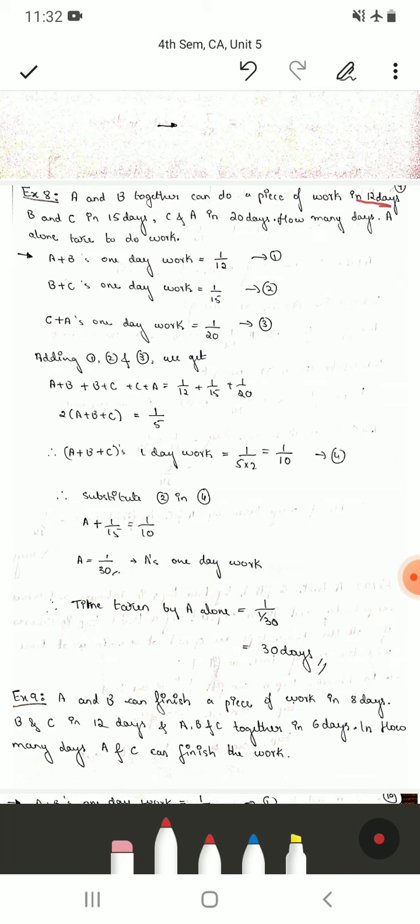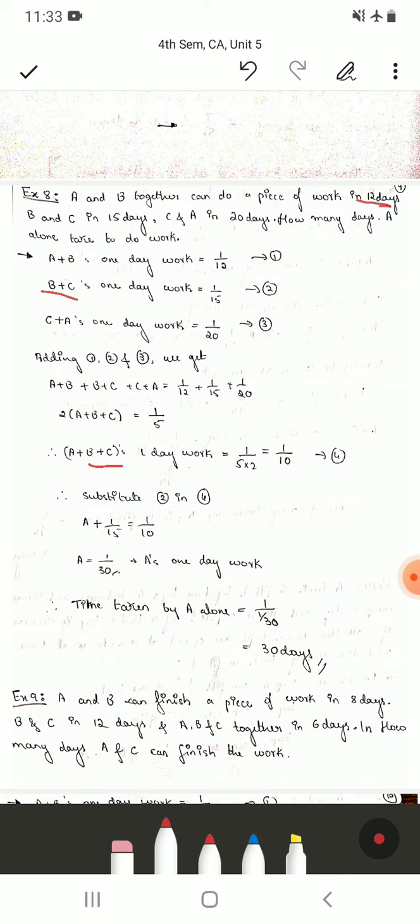Now we have B plus C's one day work, and we want to find out how many days A alone takes to complete the work. So in this equation we can substitute B plus C's one day work, so that we can find A's work individually.